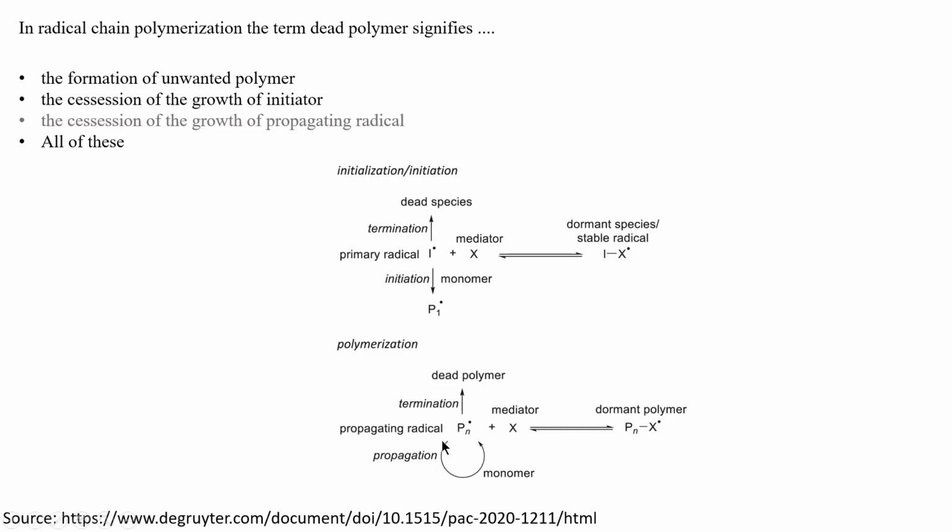When the propagating radical, in this diagram you can see P and a dot, reaches a threshold level where the polymer won't react itself and is terminated, that state is known as a dead polymer. Exactly, it reaches that point and stops reacting further. It terminates. That is the dead point, the state after the termination of the polymer.